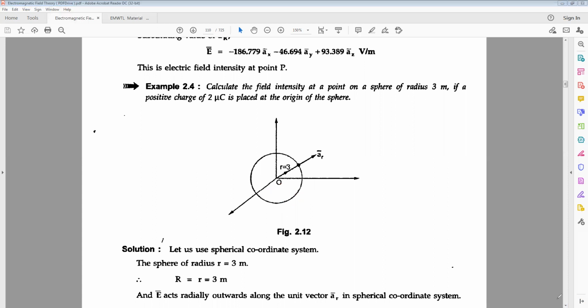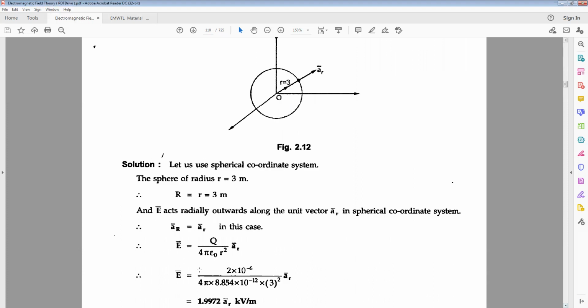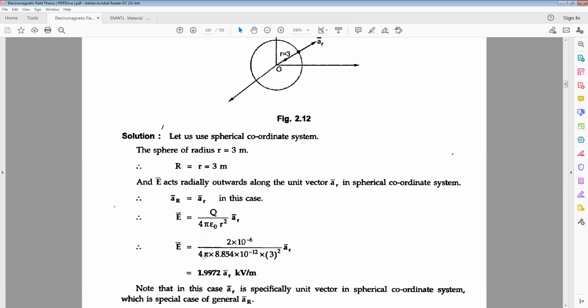We can find the electric field intensity. The formula is Q by 4 pi epsilon naught R square into AR. Q is given as 2 into 10 to the power of minus 6, 4 pi into 8.854 into 10 to the power of minus 12, and R, the radius, is 3 square AR.